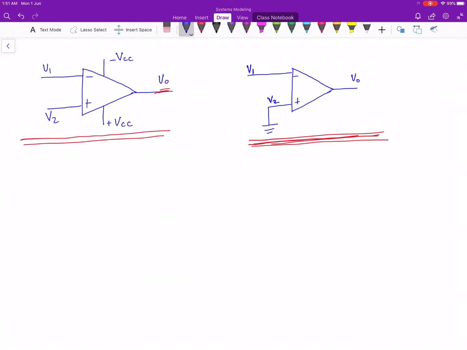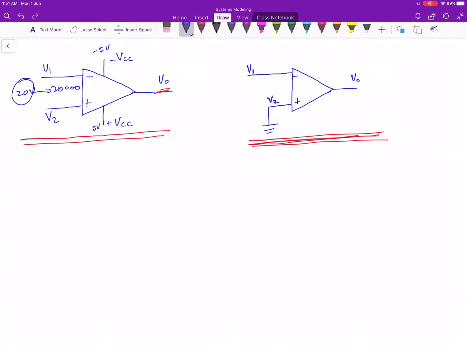So in a nutshell, let's assume I have a signal of 20 volts and I'm able to amplify it into maybe 20,000 volts, but my supply voltage is only 5 volts and minus 5 volts.